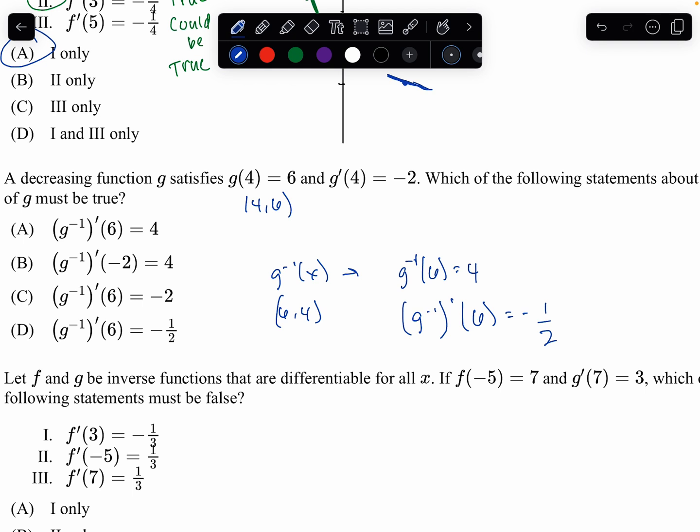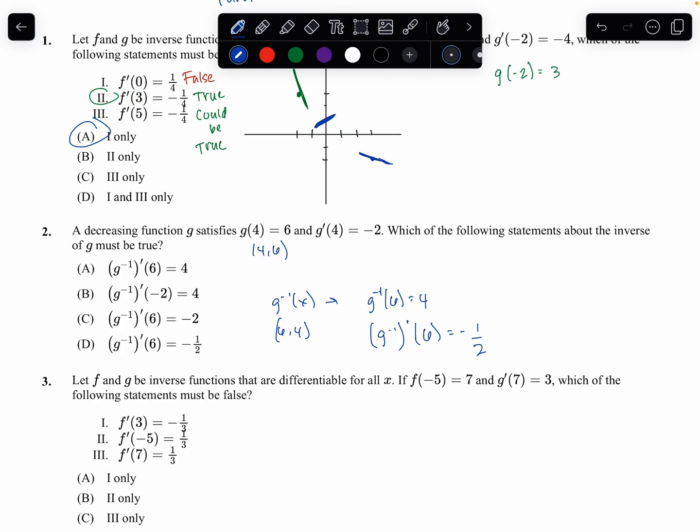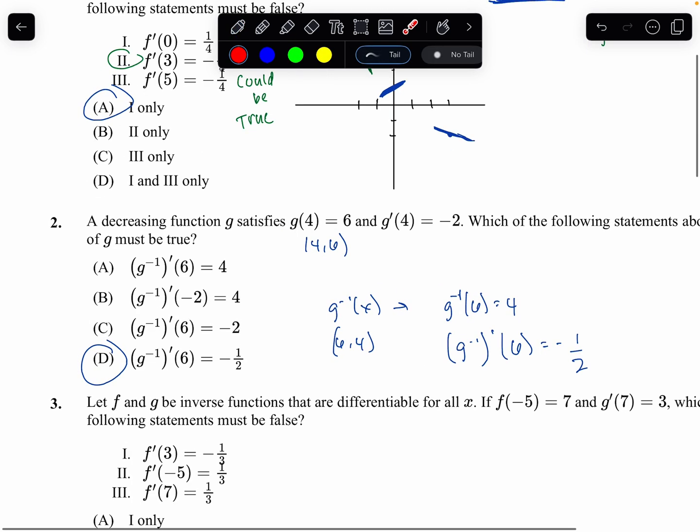And yeah, that should be it right there. Okay, so that would be D. As for the other ones, this one has to be true. It definitely cannot be this one right here. Can't be this one right here. And we don't know what's happening at -2. So not super helpful. Okay.